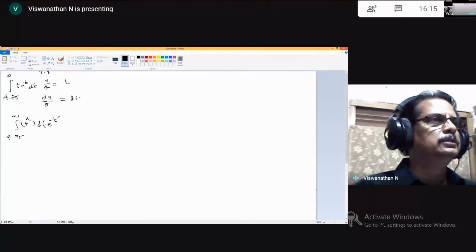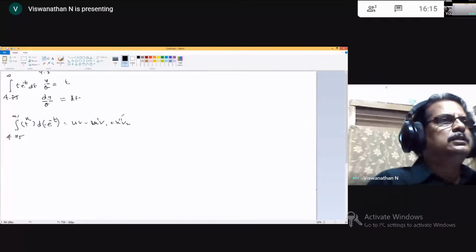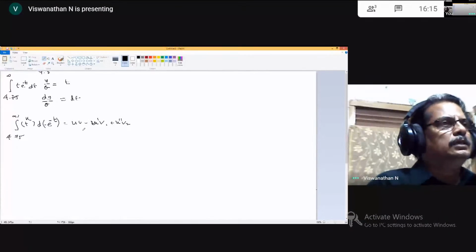This is normally written as uv minus u1 u dash v1 plus u double dash v2, where u dash and u double dash are consecutive differentiations, and v1, v2 are consecutive integrations.